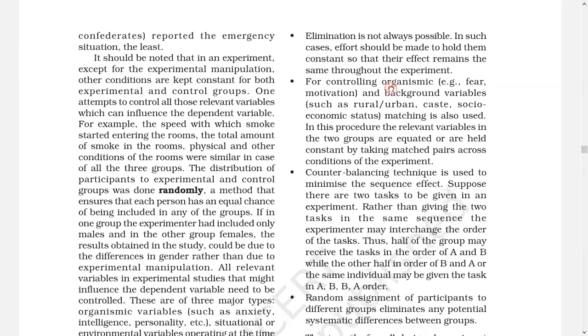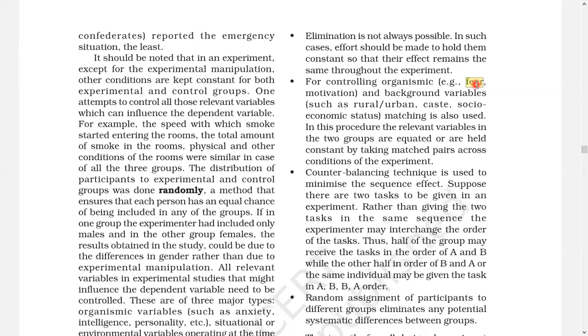For controlling organismic variables, related to human beings or organisms, such as fear, motivation, and background variables such as rural or urban, all these factors can be matched. You can take a group of people selected from rural and from urban areas, selecting only the relevant factor, as we will see in an experiment.